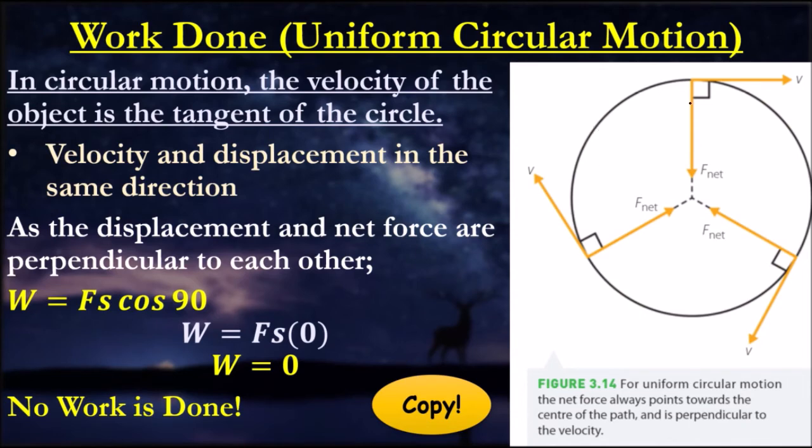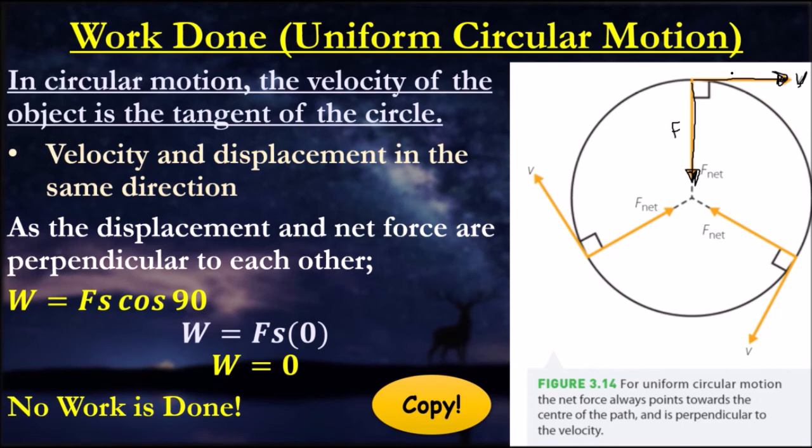We can also look at it as a top-down motion. If we're looking at it from the top, or any form of circular motion, we can tell there is no work being done here. When an object is undergoing circular motion, that's where it's traveling, and that's the force being applied.